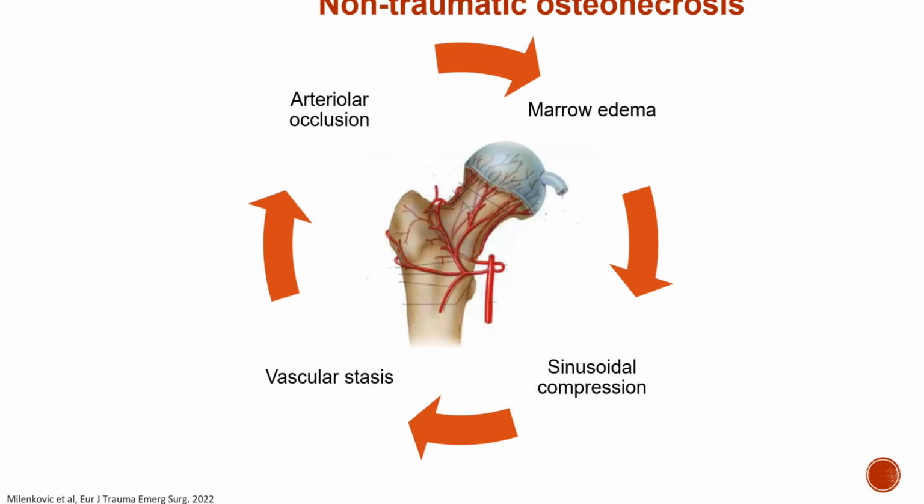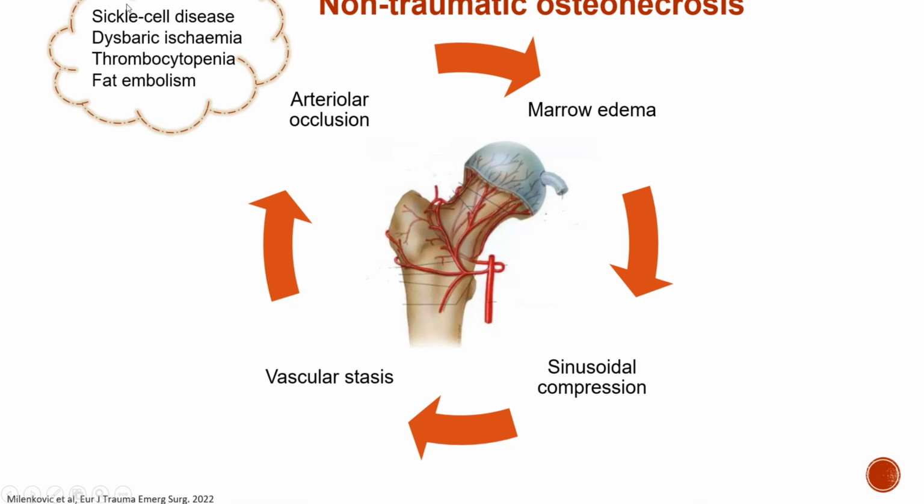So the non-traumatic osteonecrosis can be due to the cascade following arterial occlusion due to any causes such as sickle cell disease, dysbaric ischemia, thrombocytopenia, or even fat embolism, causing marrow edema, sinusoidal compression, and vascular stasis, further leading to arterial occlusion.